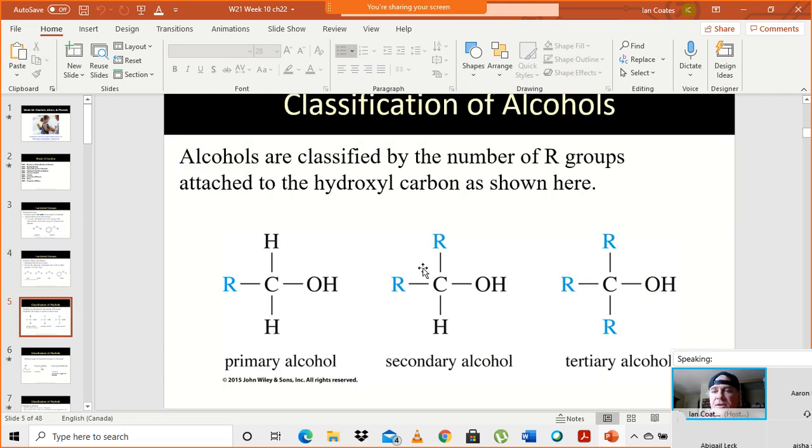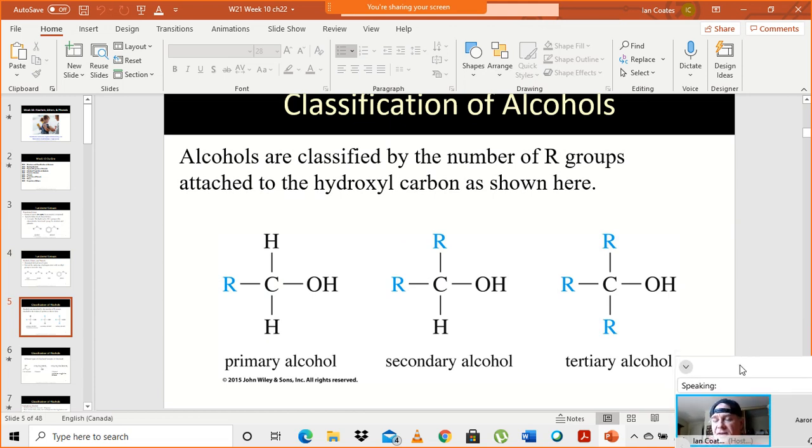I alluded to this earlier, and we are coming back to it in full strength. You'll need this for your assignment and your quiz. Alcohols can be classified as primary, secondary, or tertiary. A primary alcohol is defined as a hydroxyl group that attaches to a carbon that attaches to only 1 other carbon.